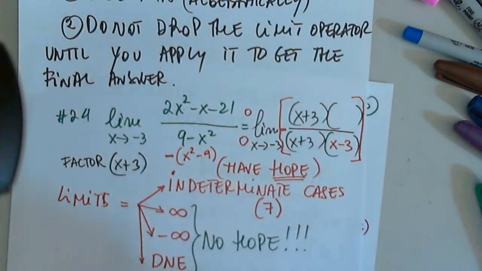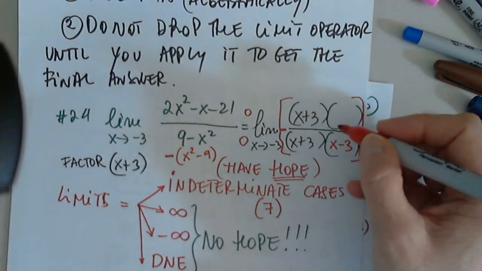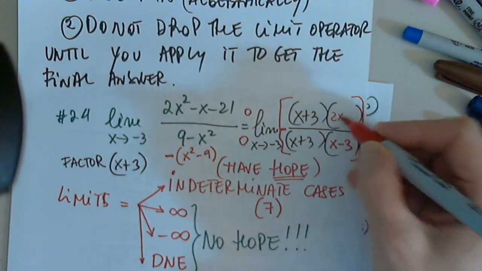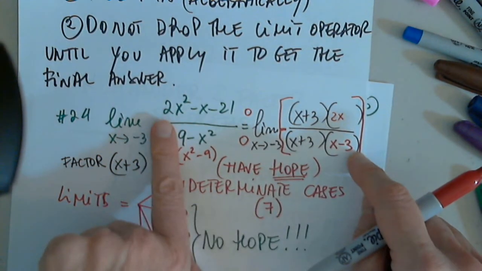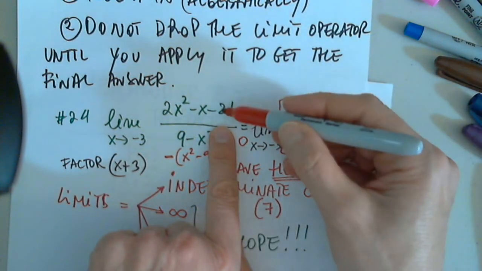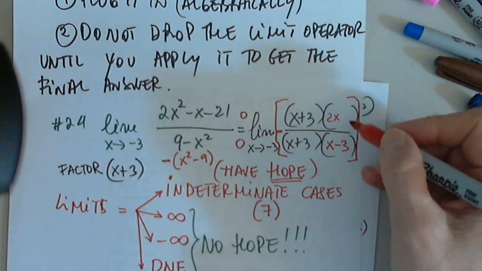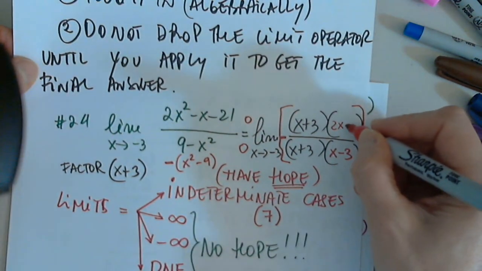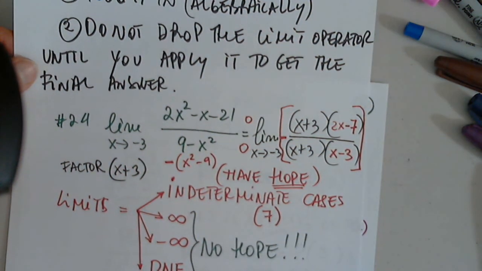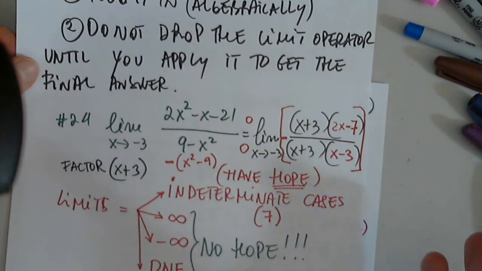And what about the other factor in the numerator? It has to have 2x, right? Because only 2x times x will be 2x squared. And then what will I get from 3, whatever, to get -21, obviously? It would be 2x minus 7. That's it. It has to work.